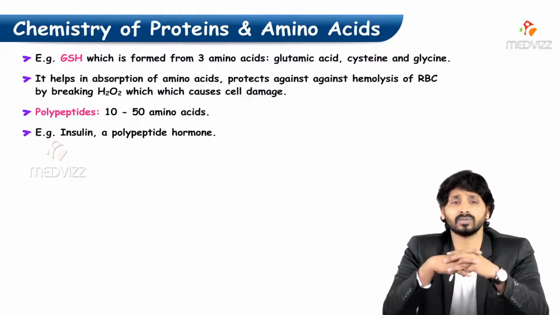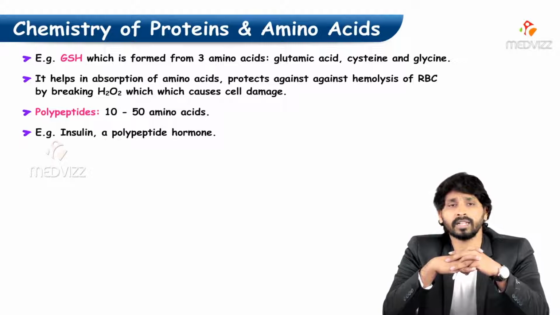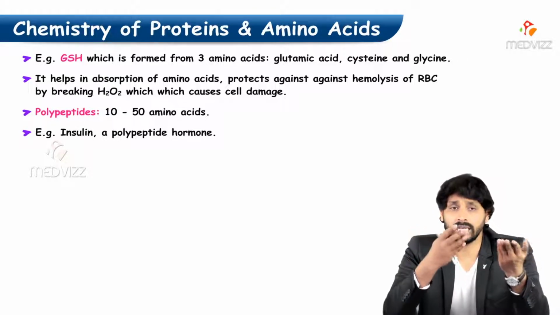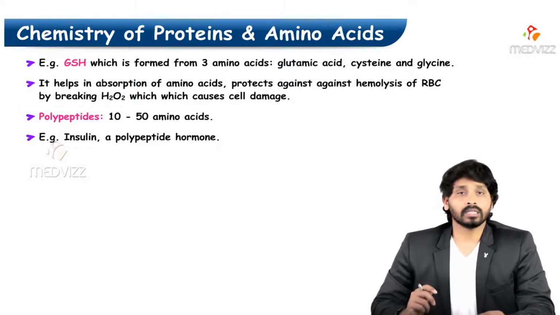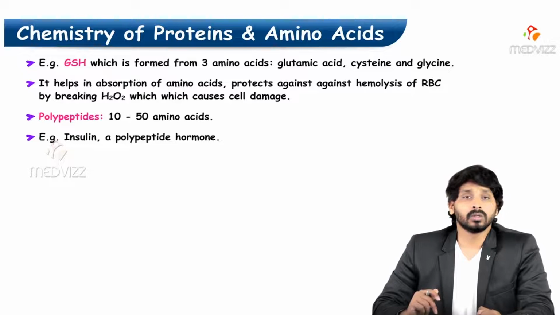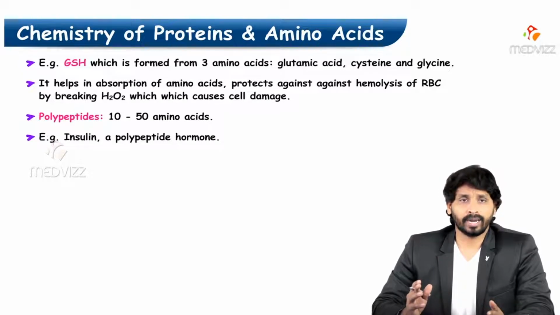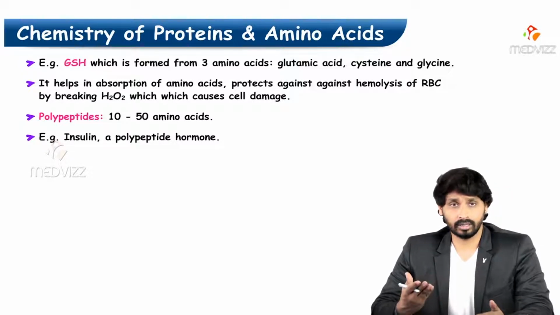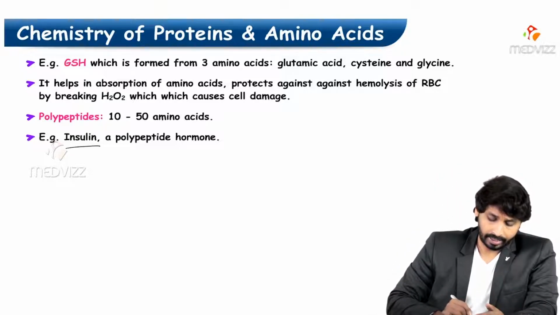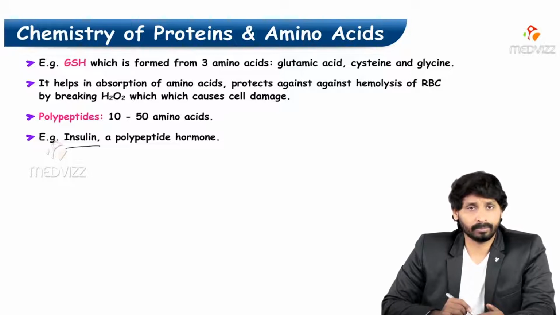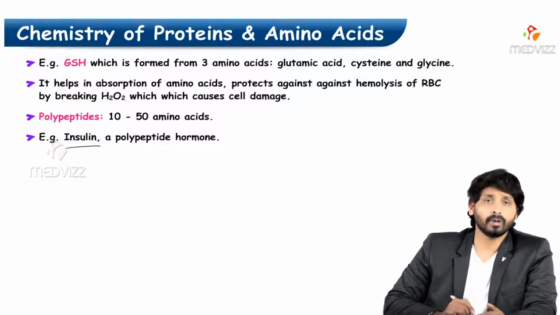In polypeptides, as I said, any peptide containing more than 10 amino acids is known as a polypeptide, up to 10 to 50 amino acids. The best example I can give is insulin, a polypeptide. There are a number of biologically important peptides. Insulin is one of the best examples of a polypeptide.